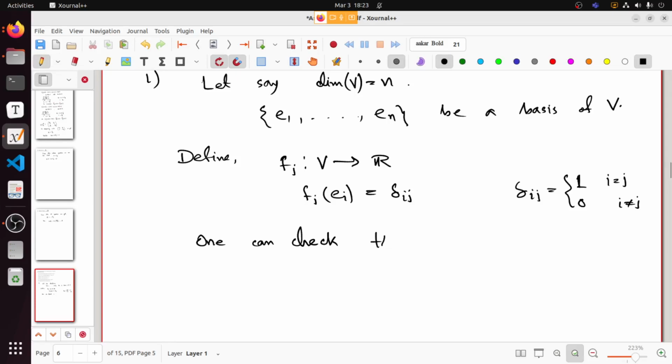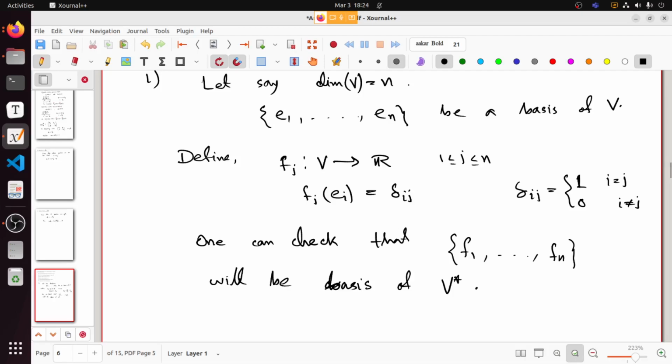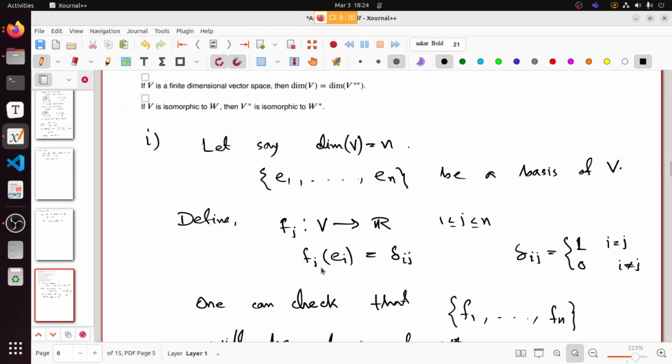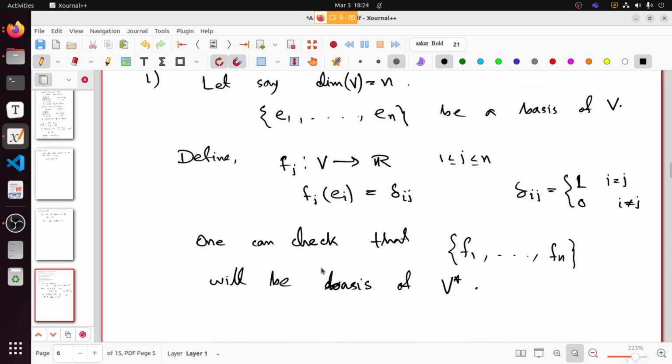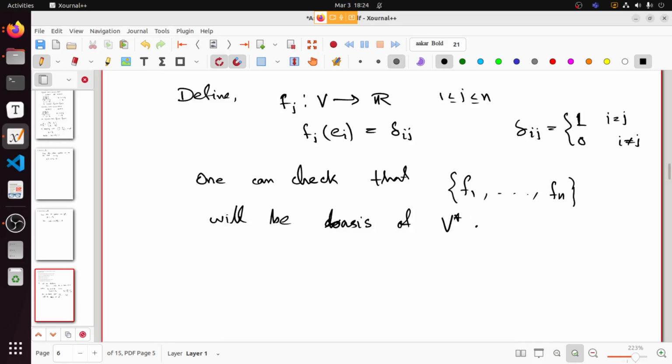This f1, f2, dot dot dot, fn, for j between 1 and n, you can define. So f1, f2, fn will be a basis of V star, the set of linear functionals on V. Corresponding to e1 to en, we get n functions f1, f2, fn which form a basis of V star, which implies dimension of V star is also n.